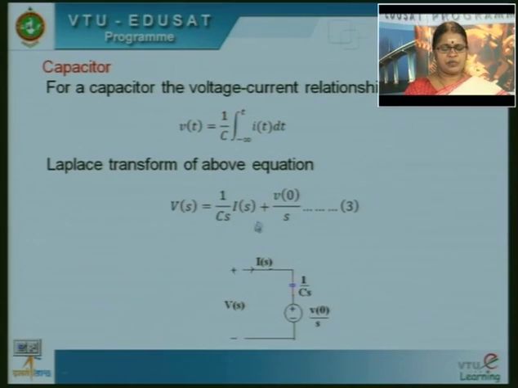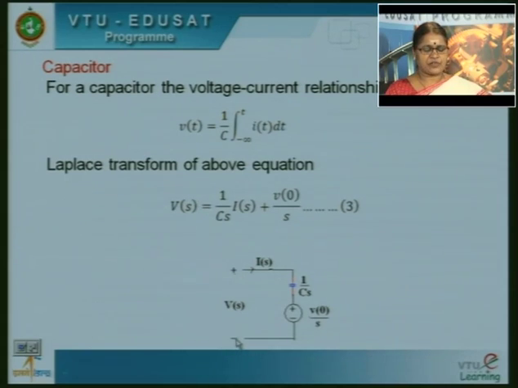This term can be realized as a current I(s) flowing through an impedance of value 1 by Cs. So, it can be viewed as an impedance 1 by Cs in series with a voltage source whose value is V0 by S. The polarities of this source are such as to oppose the polarities of V(s).